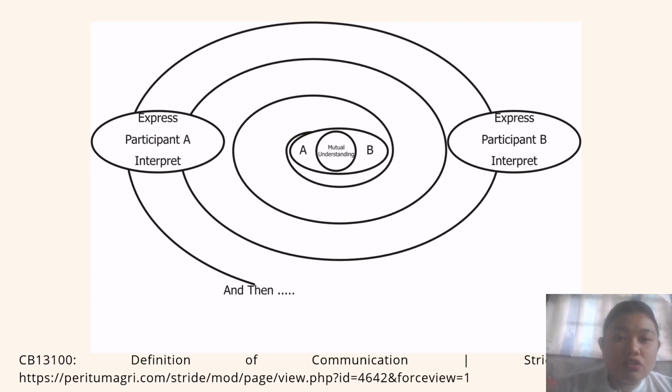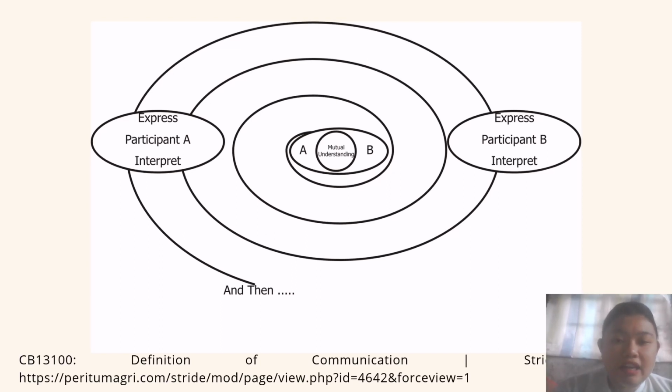So same with Osgood's model. Here in Kincaid's model, it says that this model has no beginning and no end, meaning to say it is continuous, and the ultimate goal of this model is to achieve a mutual understanding. So as you can see, it shows a spiral line in there, which means that the message, the interaction, is continuous.